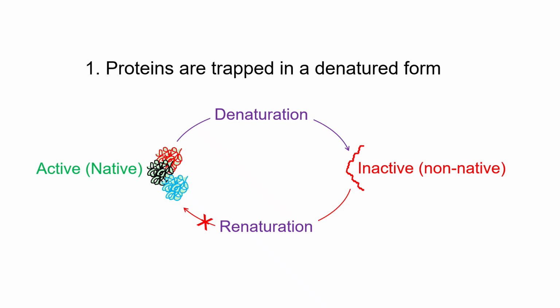In the case of many other enzymes, the amino acid sequence remains the same in native and non-native states. Then how come the proteins or enzymes are trapped in a denatured form? This is not explained by Anfinsen's thermodynamic model of protein folding. So this was the first limitation of his dogma.